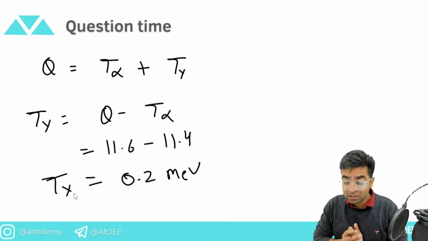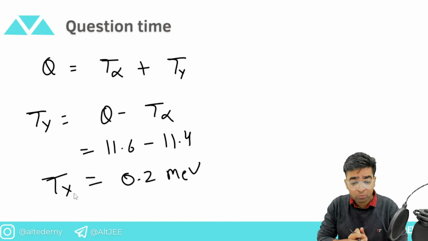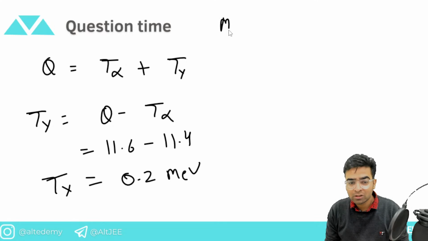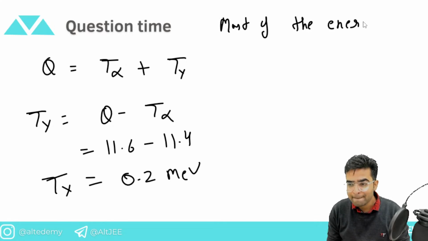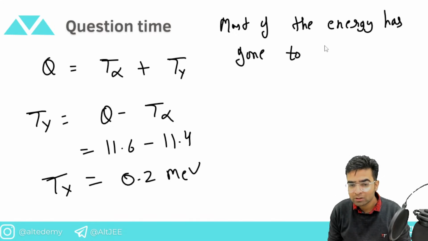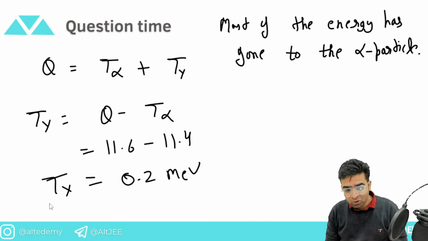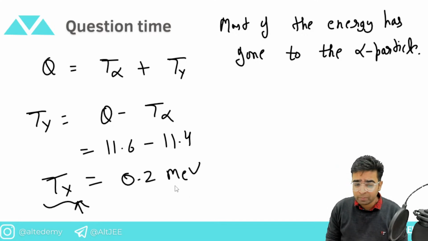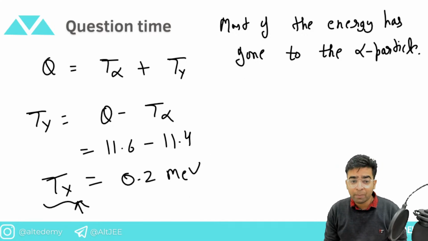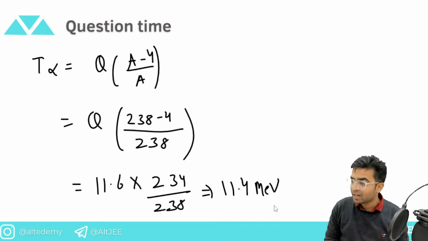You can see that most of the energy has gone to the alpha particle, and the daughter atom has only 0.2 mega electron volt, while the alpha particle has 11.4 mega electron volt.